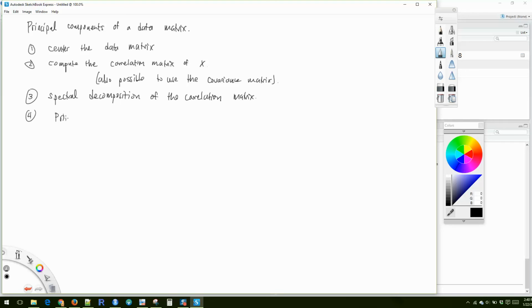And your principal components of X is X times V, where V is our matrix made up of our eigenvectors.